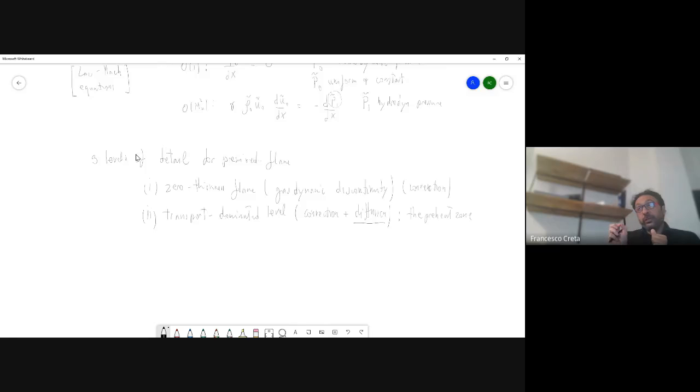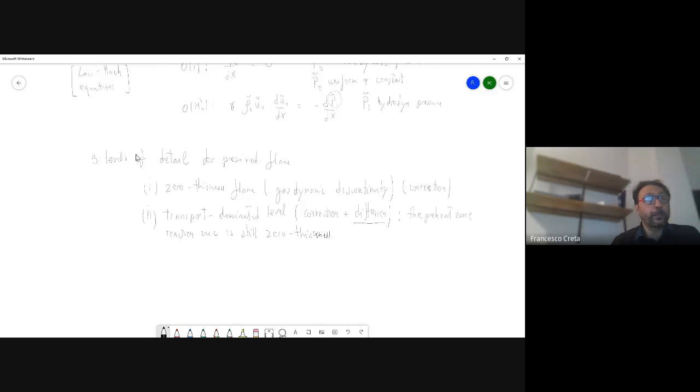But remember that the reaction times are always smaller than the diffusive times. So the reaction is always taking place in a very small spatial boundary layer, which we can still consider as being zero thickness. So we can say here, the reaction zone is still of zero thickness.